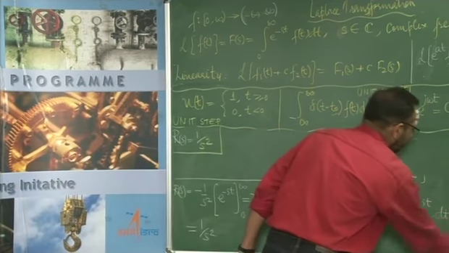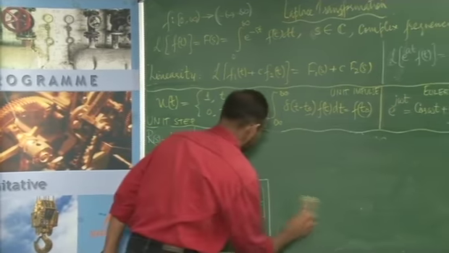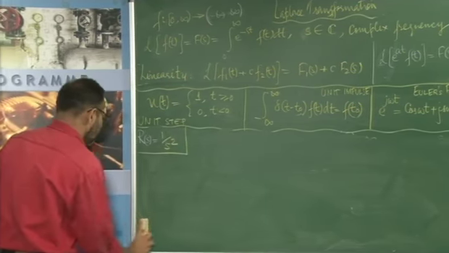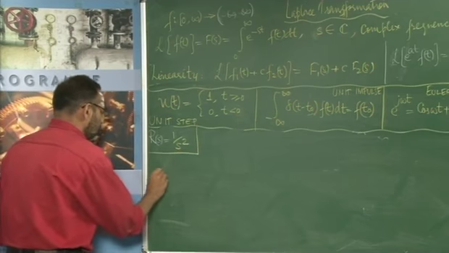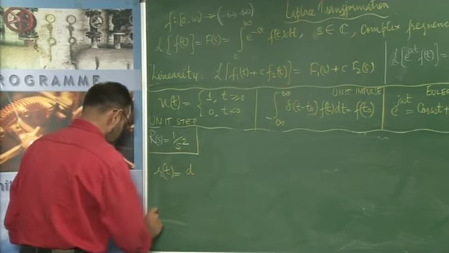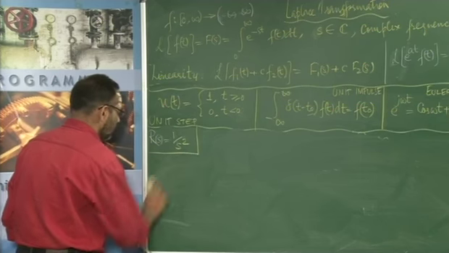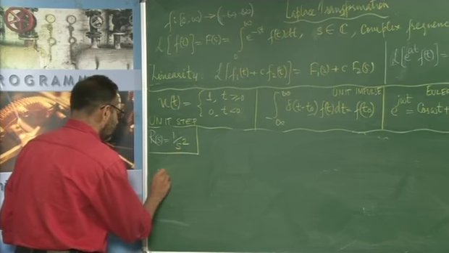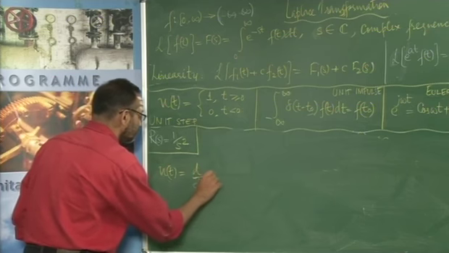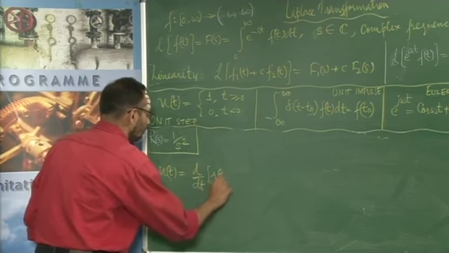Let us arrive at it in a different form. We had seen, for instance, that r of t equal to d, we had seen that d by dt of u of t equal to r of t.